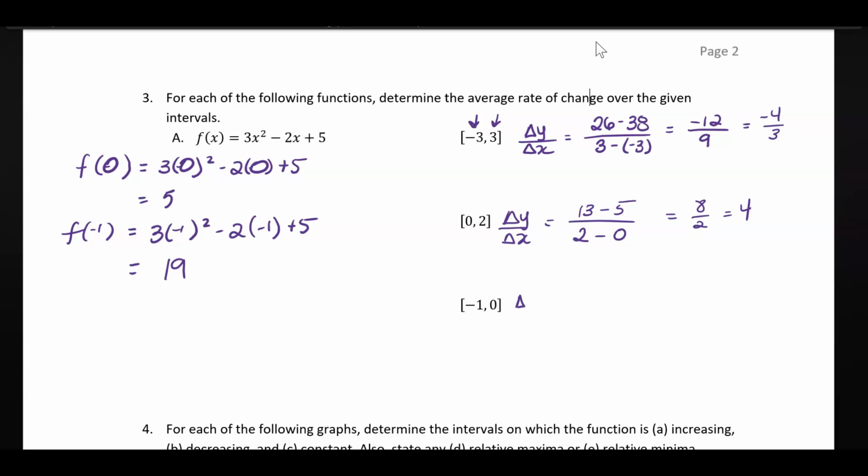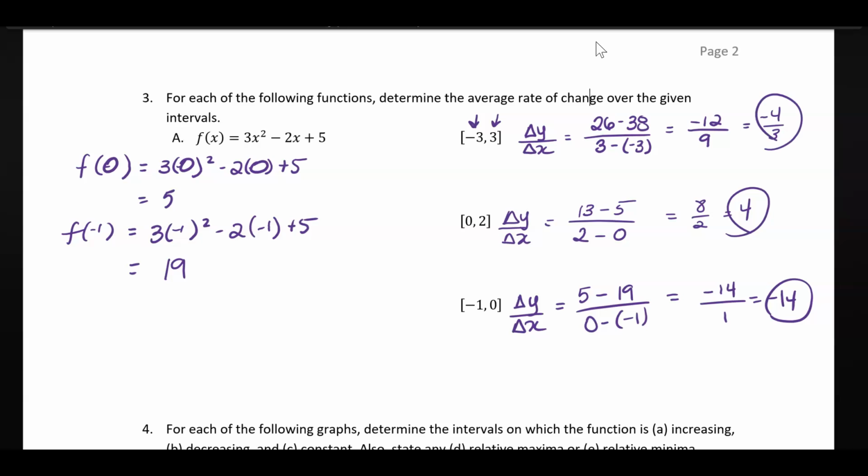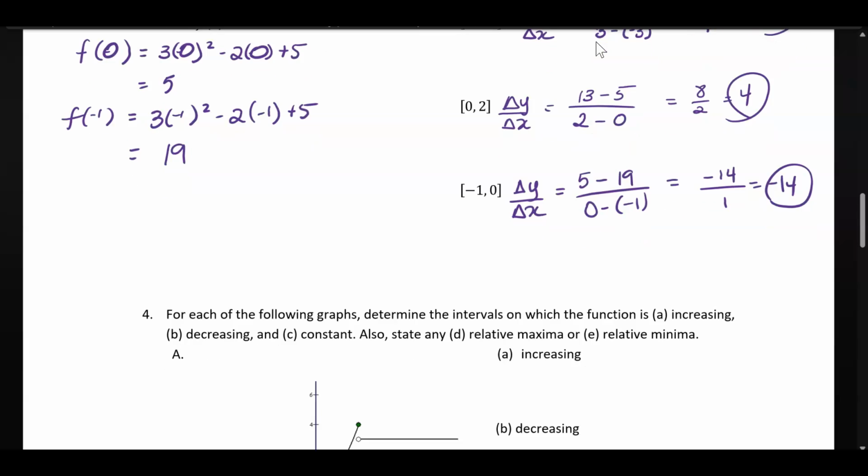So then our delta y over delta x is going to be 5 minus 19 all over 0 minus negative 1. So the 5 minus 19 is going to give us a negative 14 all over positive 1, which is just a negative 14. So these are our rates of change using functions, to find those values.